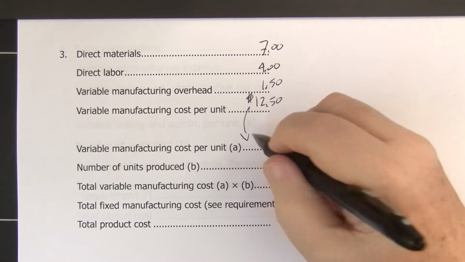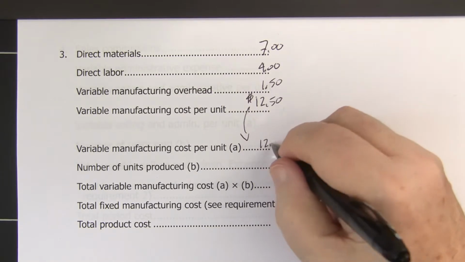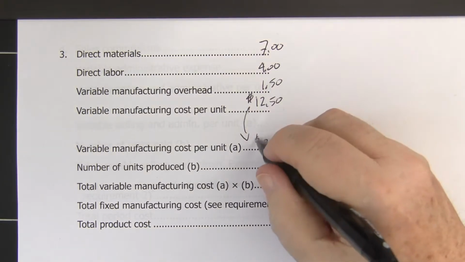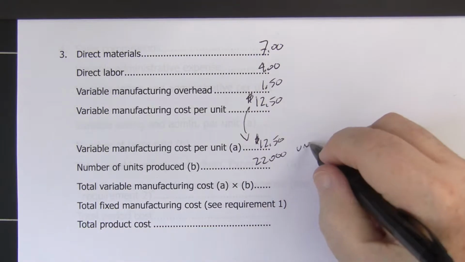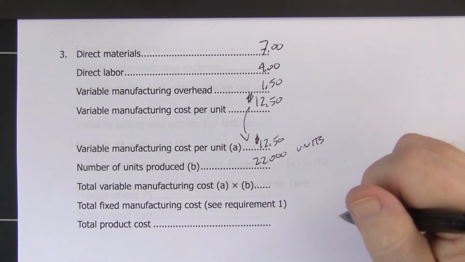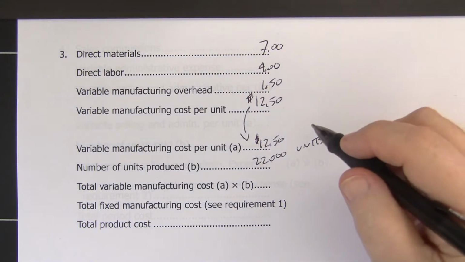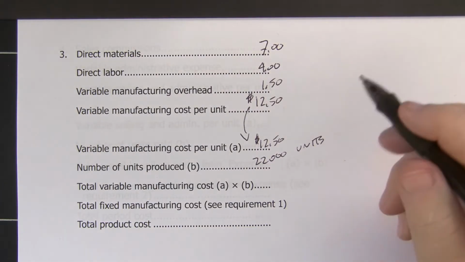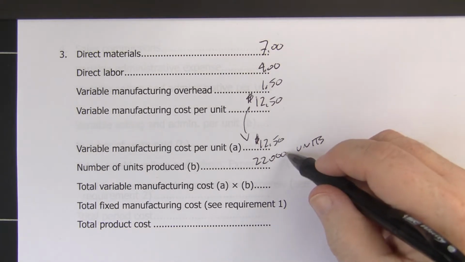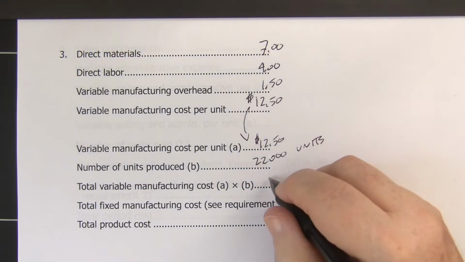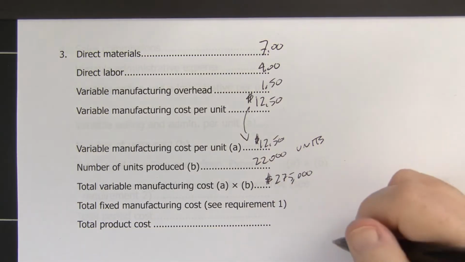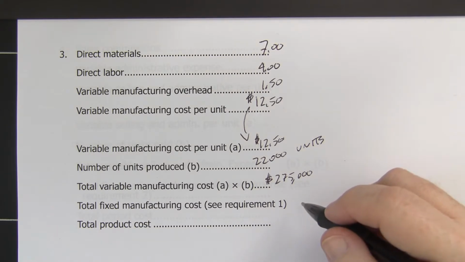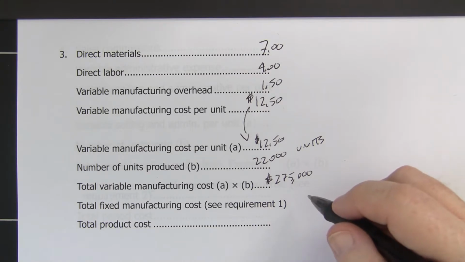So we'll bring that down here just so it's handy. $12.50. But now we produced 22,000 units, and our total variable manufacturing cost is 22,000 times 12.50, $275,000.